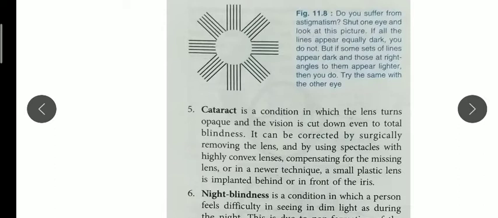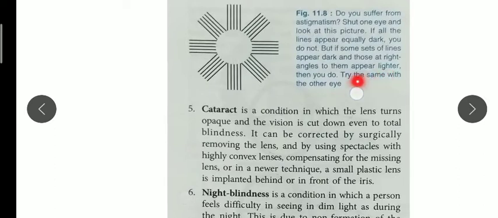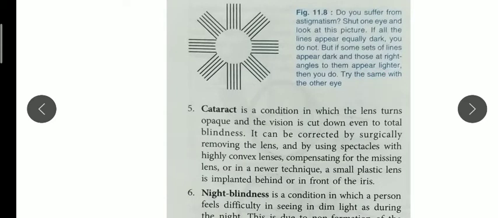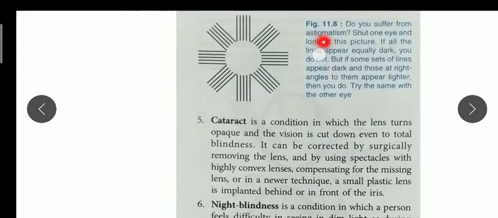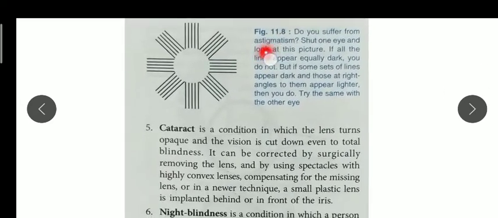Otherwise, if you are seeing lighter images, then it can be a condition of astigmatism. I have also done this, so for fun or for checking whether the astigmatism condition is there or not, whether you are normal or not, you can perform this activity.